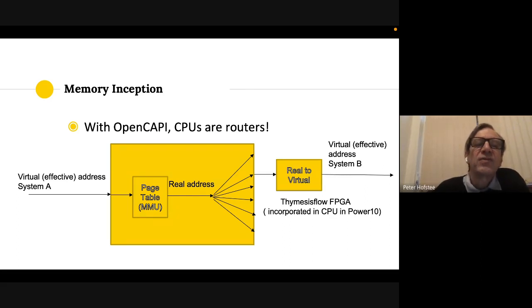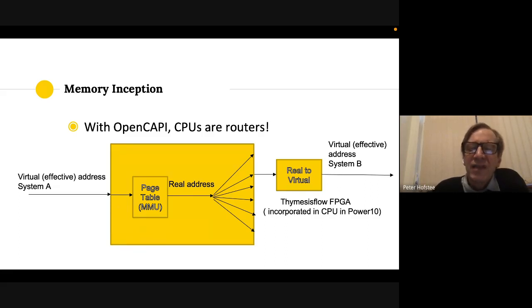So if you look at what happens when, say from an accelerator, I access the system with a virtual or effective address, then that address gets translated to a real address or physical address through the page table. And then based on which physical port supports that particular address range, it would be routed to a particular interface on the chip.